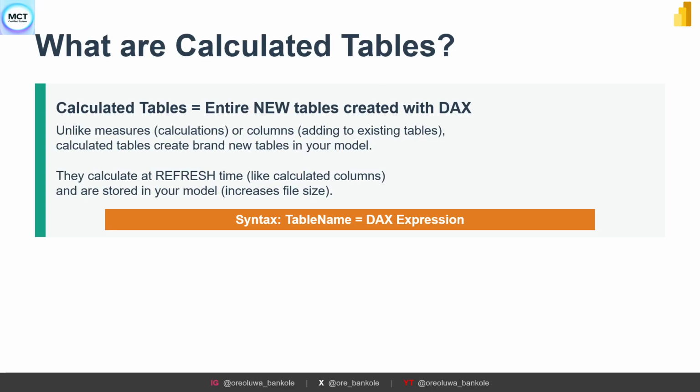So what are calculated tables? Calculated tables allow you to create a new table. A calculated table is an entirely new table that you create using DAX. DAX generates a new table from the existing data, and that result is stored in our model.